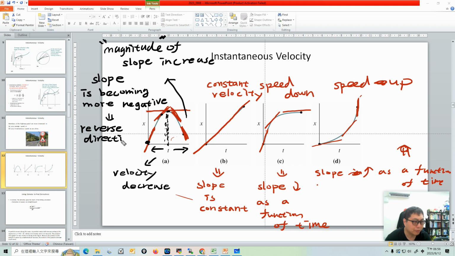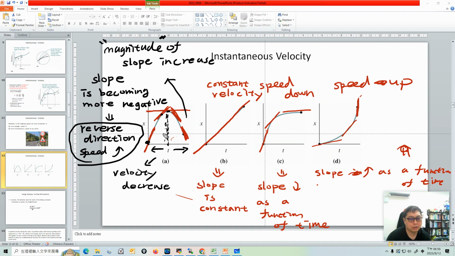I'm afraid I'm teaching wrong. Reverse direction, and the speed increases, but in reverse direction. I should not say velocity increases. I should say speed increases, but in reverse direction. That's a more correct description.